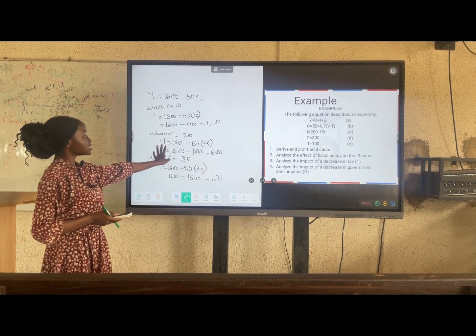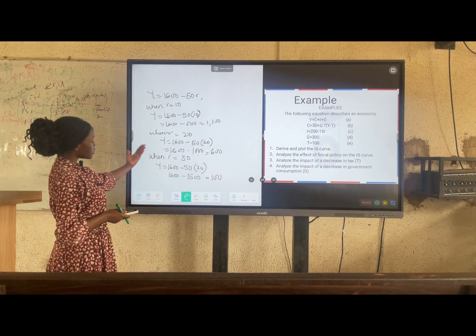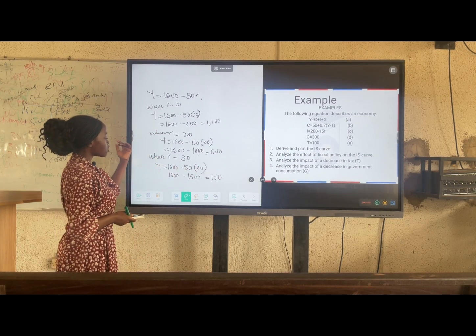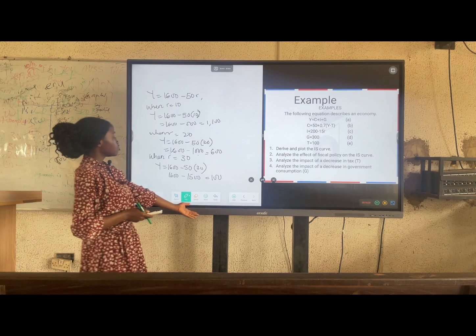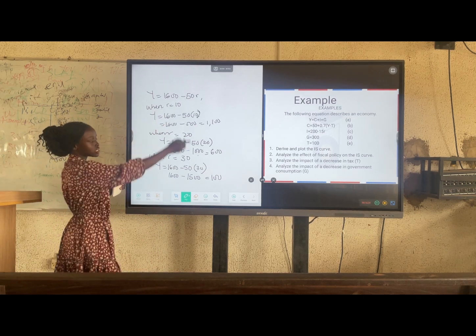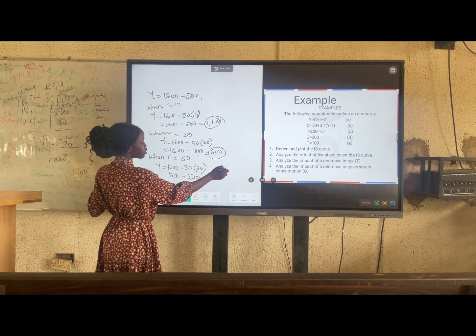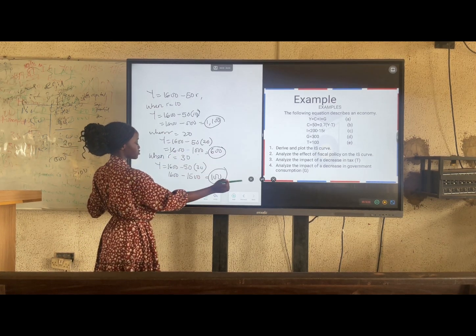When we have 20 as interest rate, we have our output as 600. When we have interest rate as 30, we have our output as 100. So we're going to be using these 1 1, 600 and 100 to plot the graph.